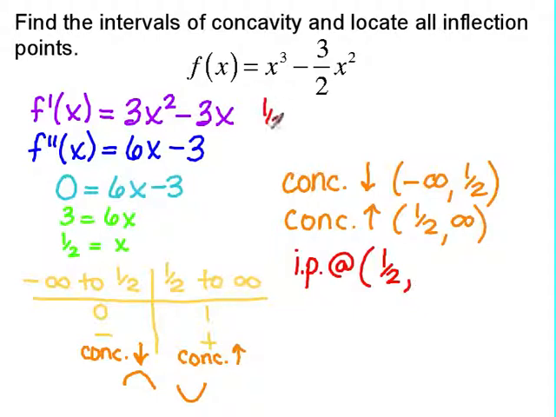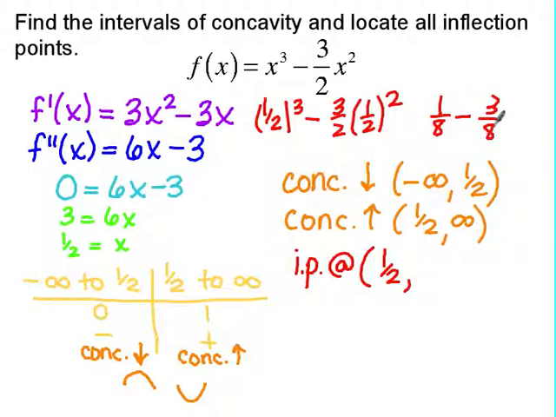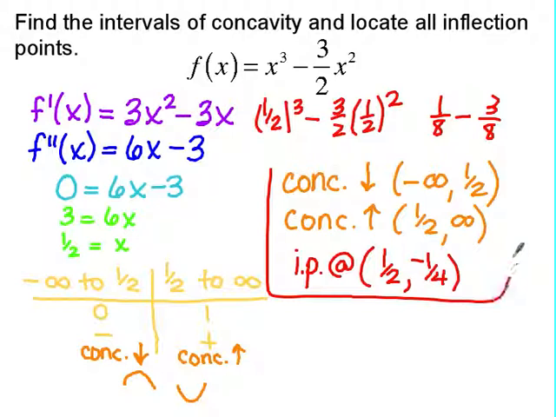So I got 1/2 cubed minus 3/2 times 1/2 squared. So I get 1/2 cubed to be 1/8 minus, what's that, 3/8? So what's it come out to be? Negative 1/4? Somebody get negative 1/4? Okay. So there you go. That's it. That's concavity.